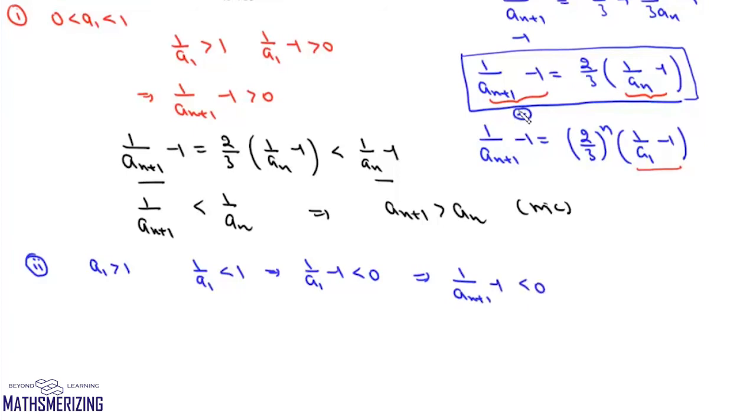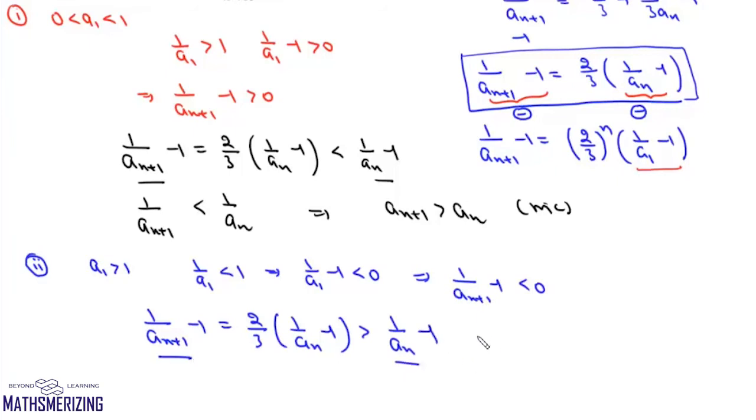Now for this case, both these expressions will be negative. So we are given that 1 upon a_{n+1} minus 1 will be equal to 2 by 3 times (1 upon a_n minus 1), and will be greater than 1 upon a_n minus 1.